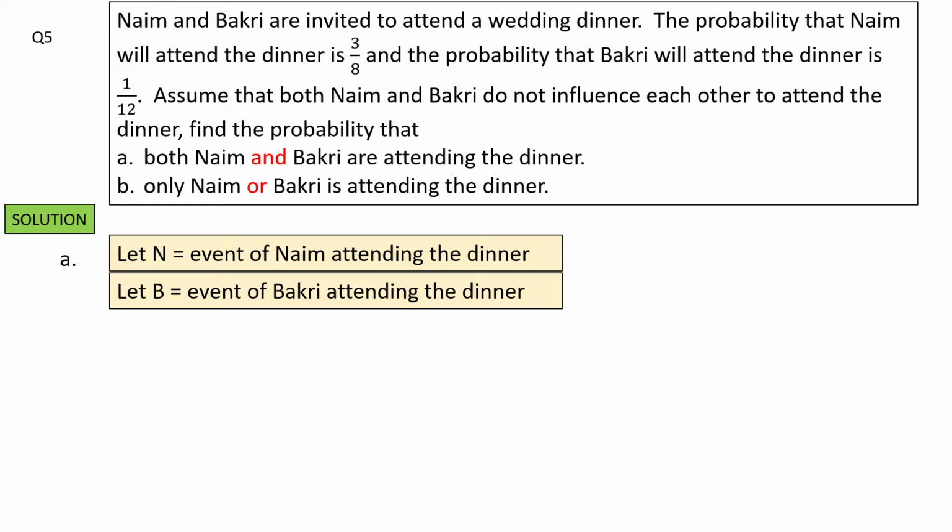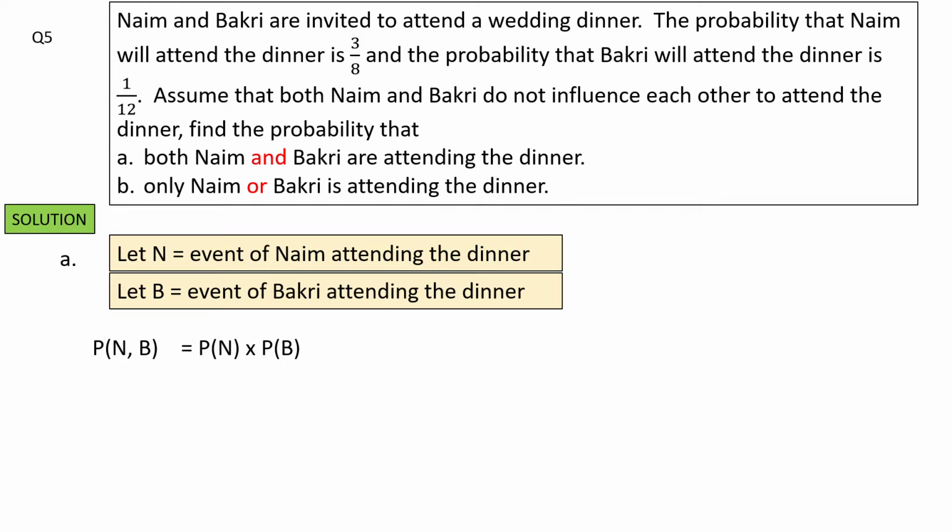Okay, so first we define the events. Let N be the event of Naim attending the dinner and B the event of Bakri attending the dinner. So the question is the probability that both Naim and Bakri go. So here Naim is going and Bakri is also going. We have only one possible outcome, and when you come across the word and, you multiply.